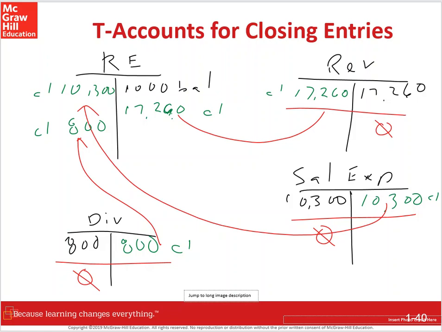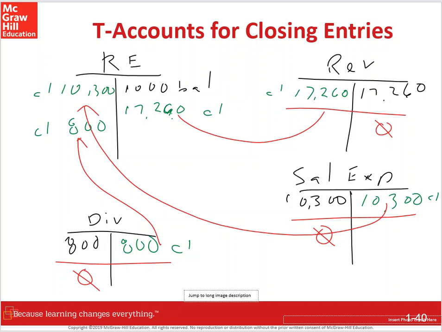How about when we close out salaries expense or any expense? In order to close it out, we had to credit the expense account and then debit retained earnings, which makes retained earnings go down. Is that what you thought expenses would do to retained earnings? I hope so. Expenses are going to bring down our net income, retained earnings, and owner's equity.